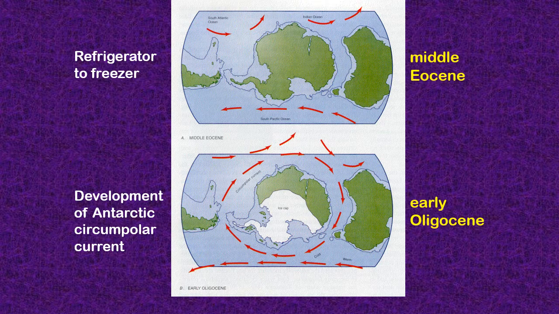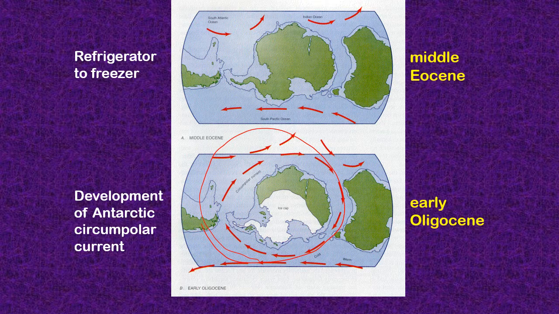When we go into the early Oligocene, which is not that much longer after, we've separated Australia, Antarctica, and South America just enough where we now have this Antarctic circumpolar current. This means cold water comes down there and it rotates around and it stays down there. In the early Oligocene, we start seeing our first drops in sea level for the Cenozoic era and the first advance of the Antarctic ice cap.